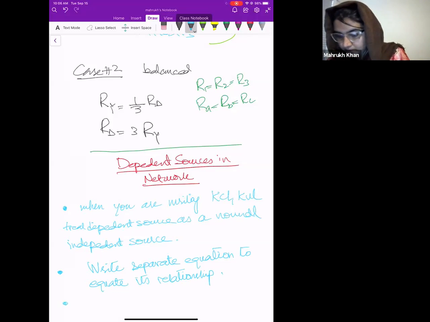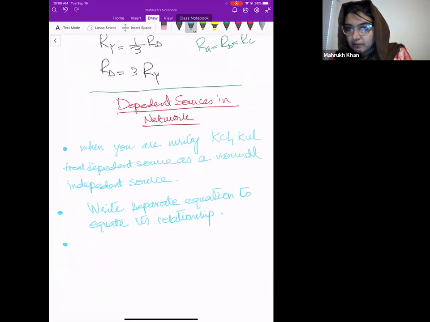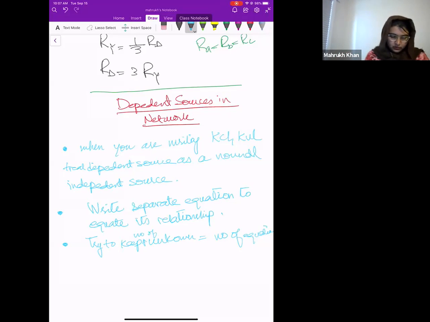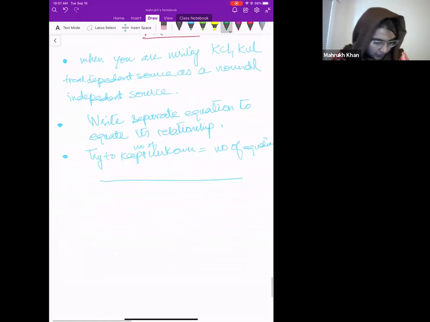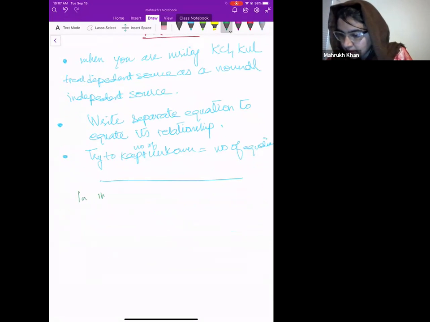Then in the circuit, you need to try to keep the number of unknowns equal to the number of equations so that you can solve them. So what it means, let's see. In the given circuit, find V naught.